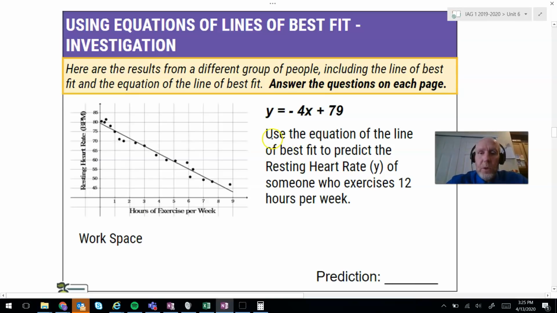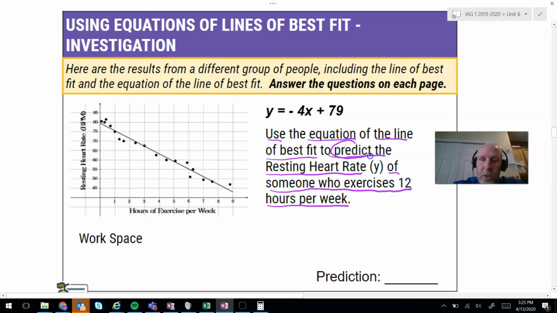It asks us to use the equation of the line of best fit to predict the resting heart rate of someone who exercises 12 hours per week. Great. This is one big use of the equation of a line of best fit: it helps us make predictions. Now, last Thursday we might have tried to extend the line, but it's going to be inaccurate.